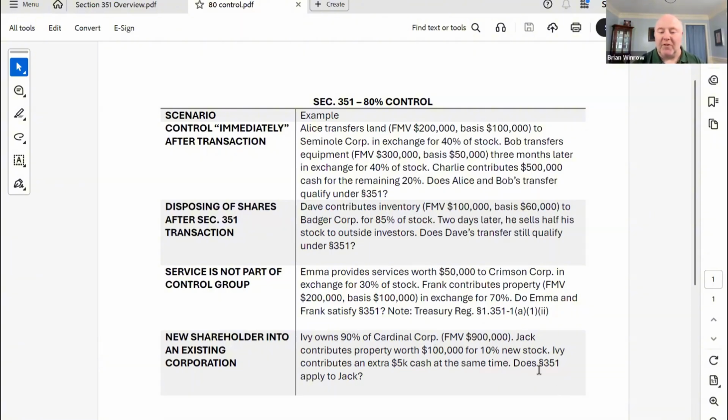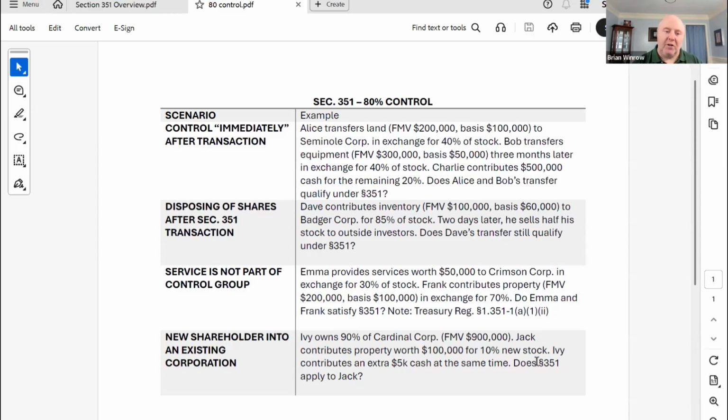Now we have 100% ownership between Ivy and Jack because we use all of Ivy's property." However, since she didn't put in at least 10% of her existing contributions, Jack is on his own and does not have 80%. Jack's stuck at 10%. So Jack is not going to get to use Section 351.